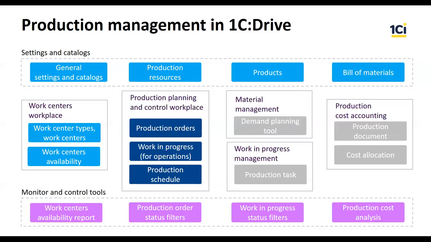All related to company information can be found in the company menu. And there is company details, accounting policy, primary chart of accounts, and all the rest. But the brain and the heart of the production is in the production menu. In the center, you see the list of catalogs that we use to store the reference information that we use.